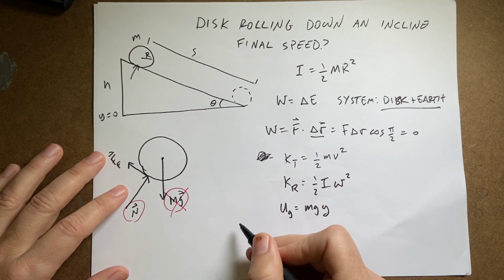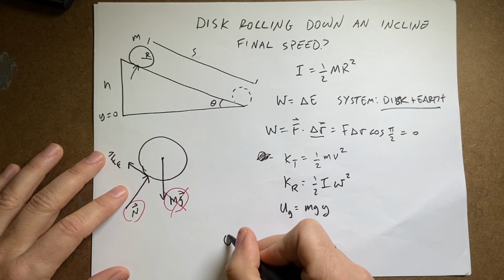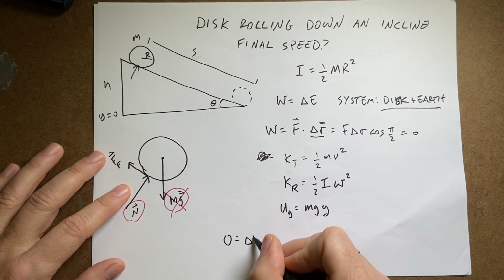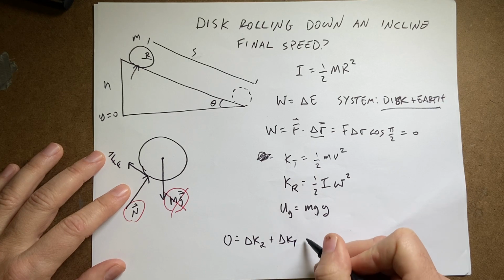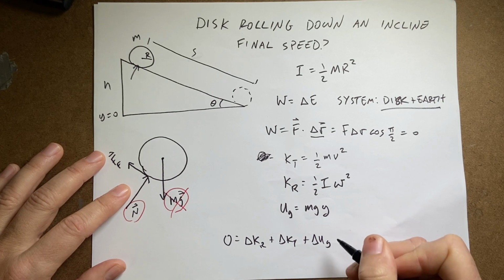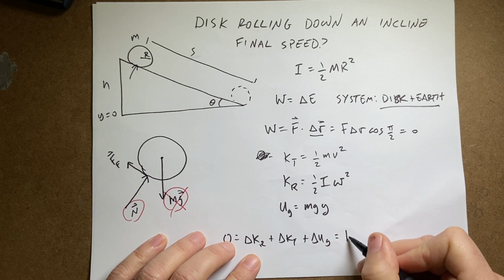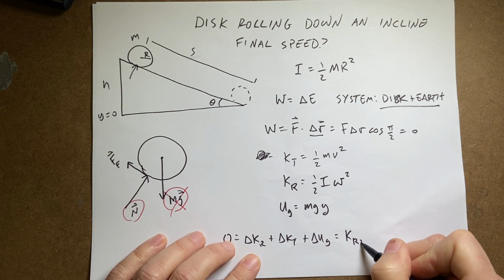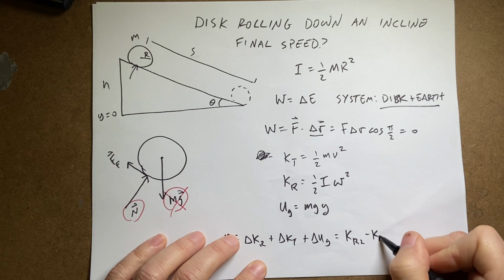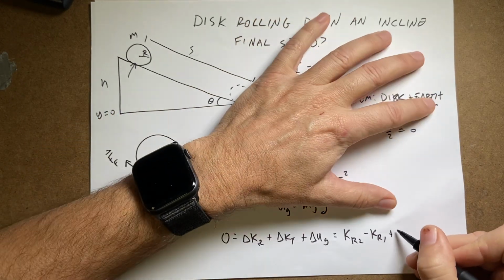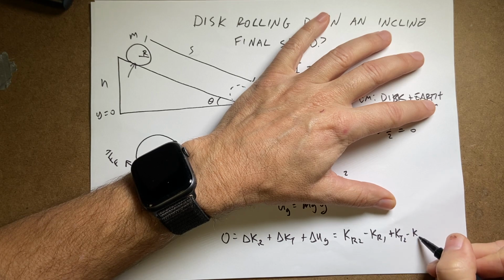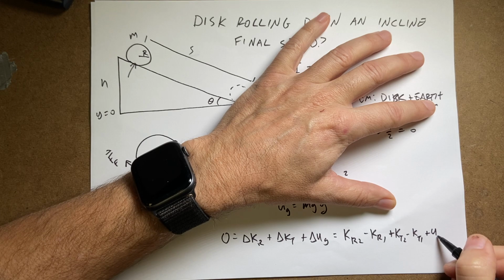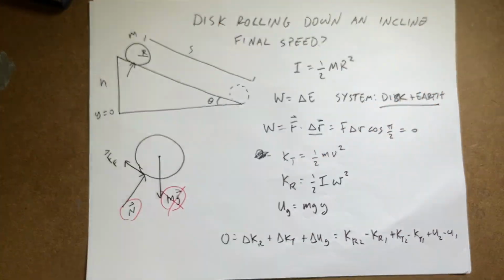So if I put this together, there's no work done, 0, equals change in rotational kinetic energy plus change in translational kinetic energy plus change in gravitational potential. I can write that as K rotational 2 minus K rotational 1, plus K translational 2 minus K translational 1, plus U potential 2 minus U1.